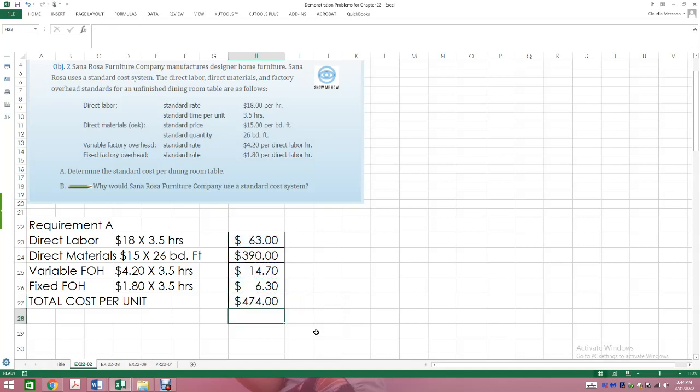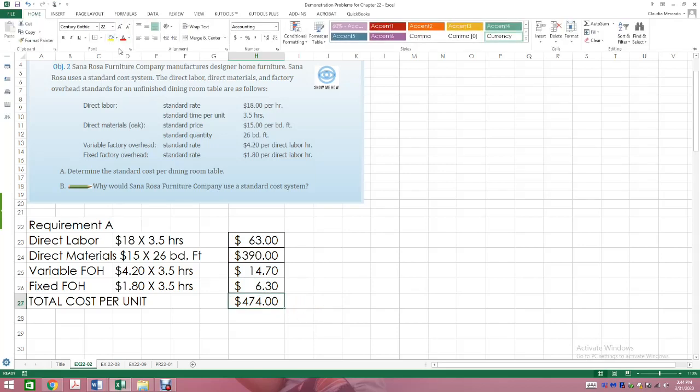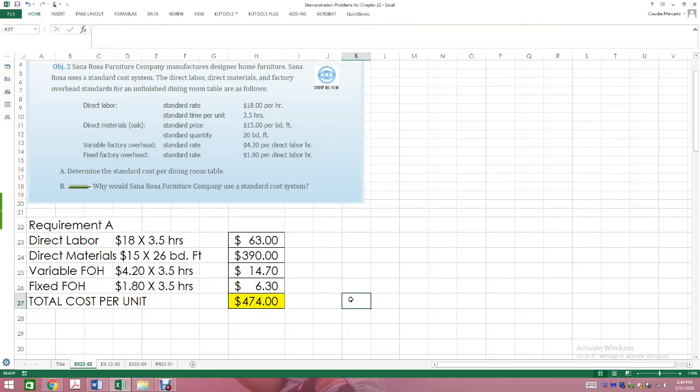And that's going to give me $474. So that is how much I am going to spend to manufacture a dining room table. That is requirement A: determine the standard cost per dining room table. On average, this is how much I'm going to spend to manufacture a table.